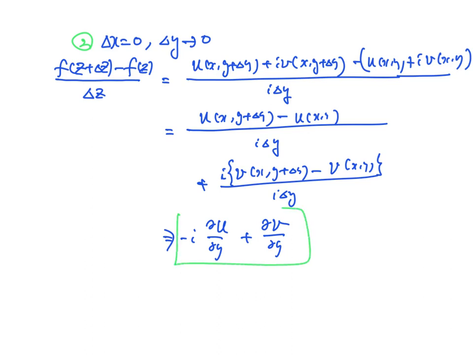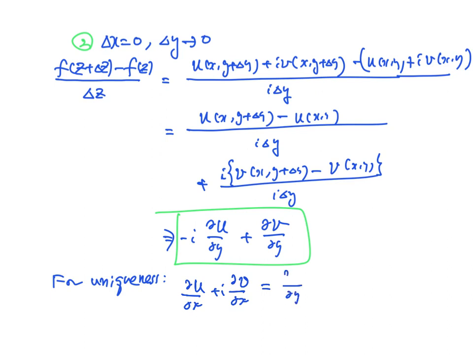So two limits must be unique. For uniqueness, the previous result, two limits must be the same. So partial x partial u plus i partial x partial v is partial y partial v minus i partial y partial u.